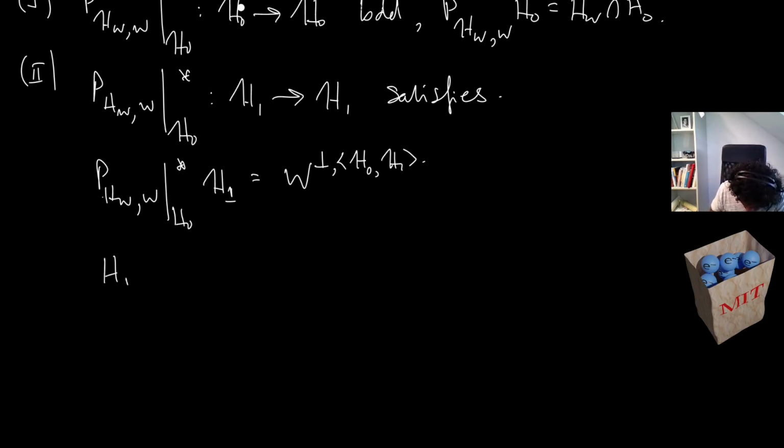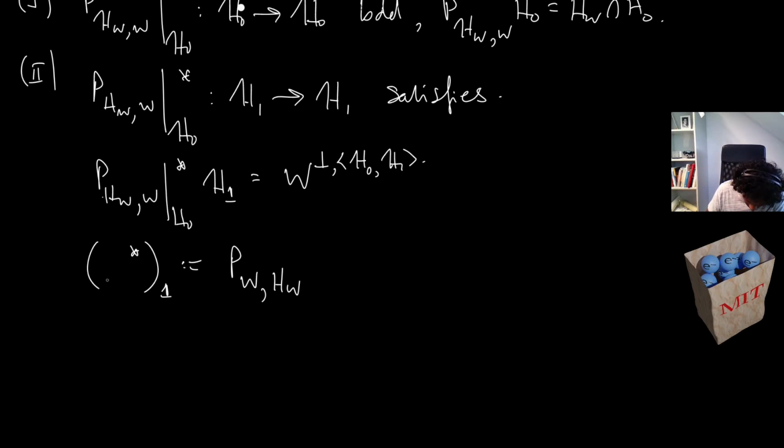So H_W star sitting in H1 is defined to be P_W H_W. Why am I defining this to be H_W?